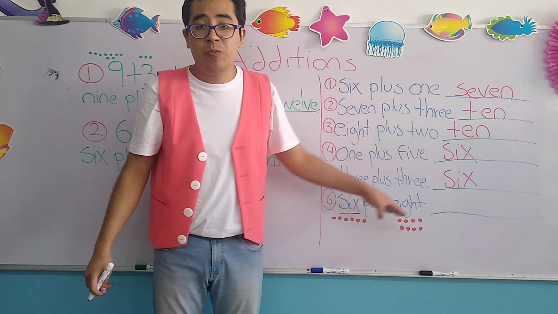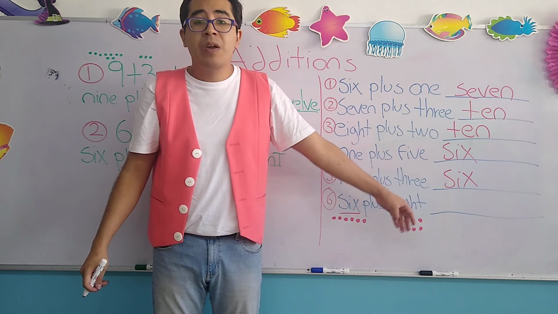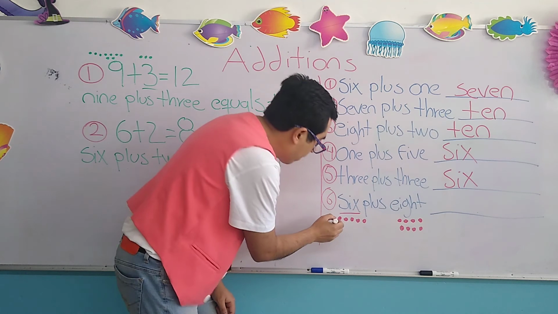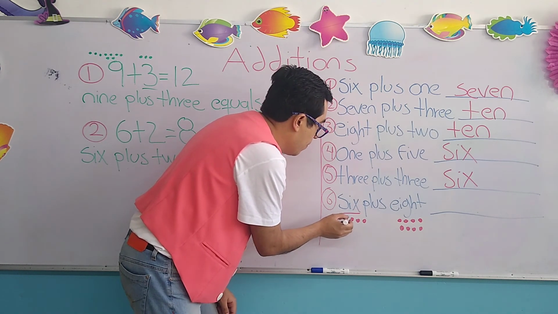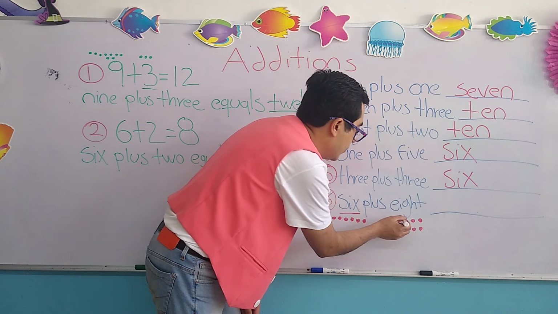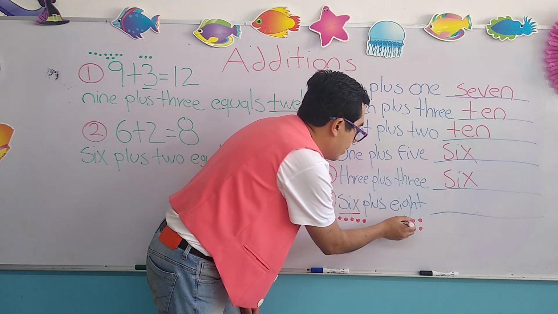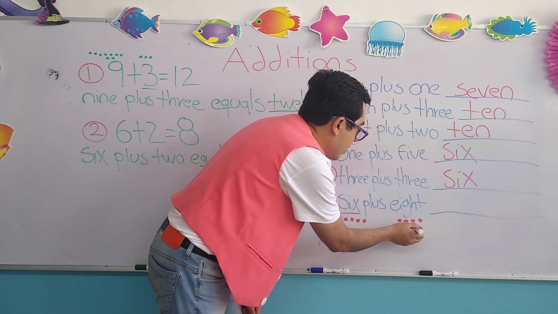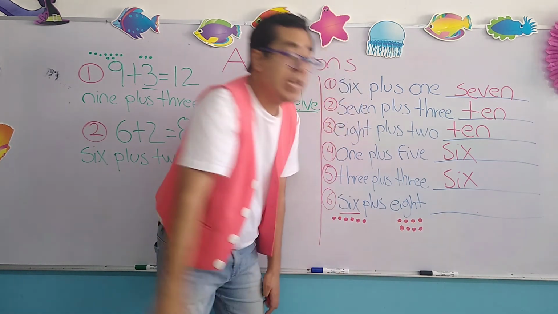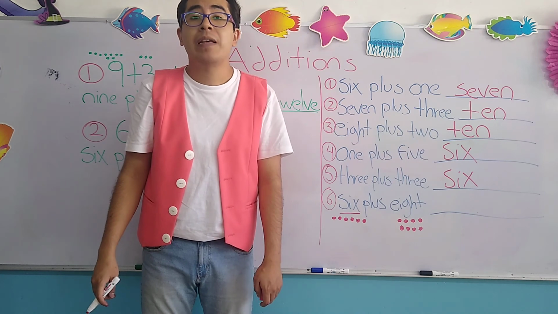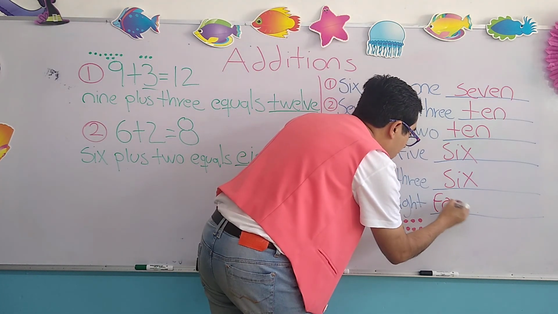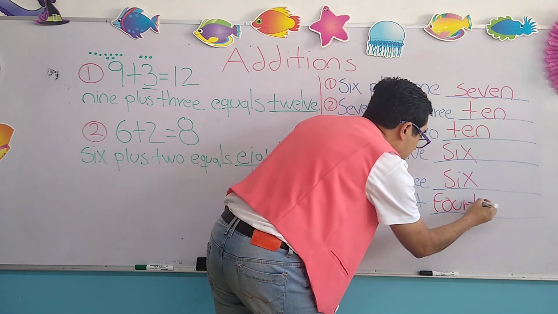Now that we have finished putting the little dots, we have to count all of them to see the result. 1, 2, 3, 4, 5, 6, 7, 8, 9, 10, 11, 12, 13, 14. They are 14 little dots. Okay? So the result, 14.